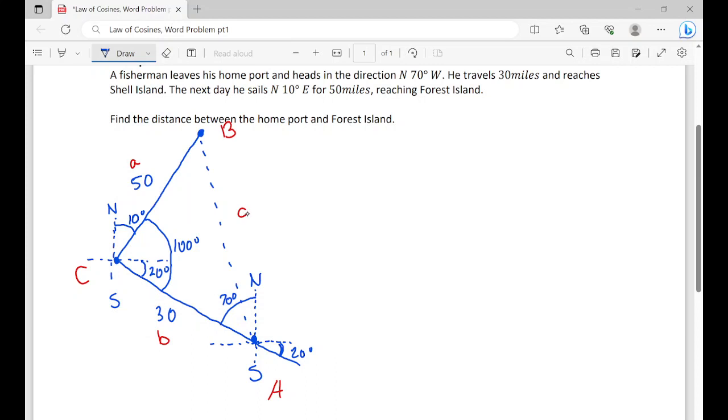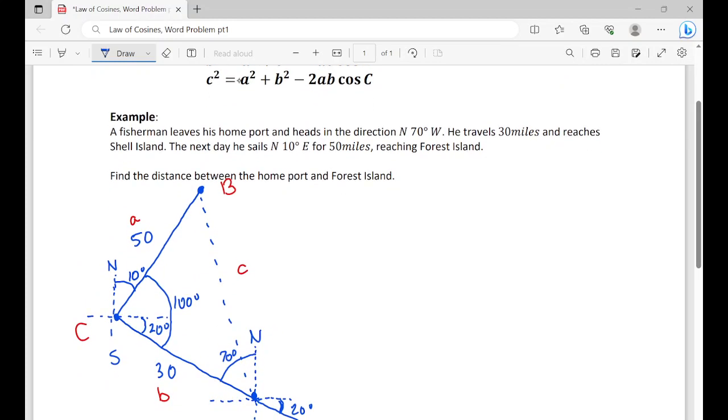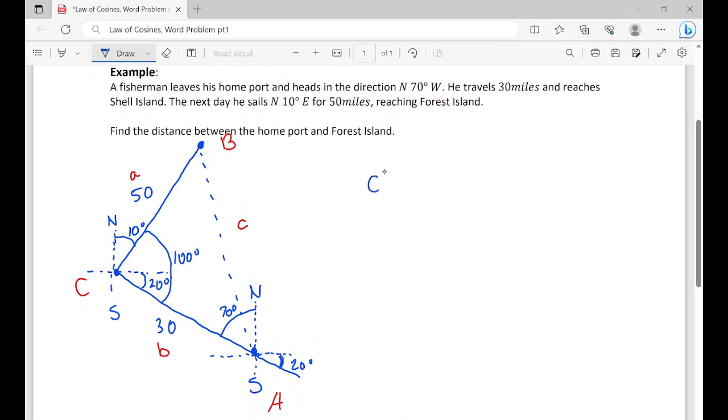Since I need to find little c, I'm going to use this third formula here. C squared equals all of this to find out what c is. So c squared equals a squared, which is 50 squared, plus 30 squared, minus 2 times a times b, so 50 times 30, times cosine of 100 degrees.